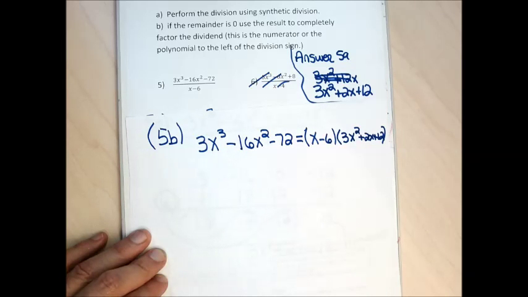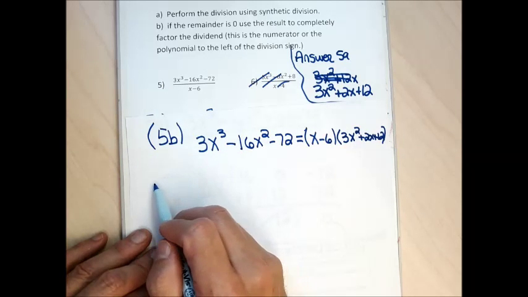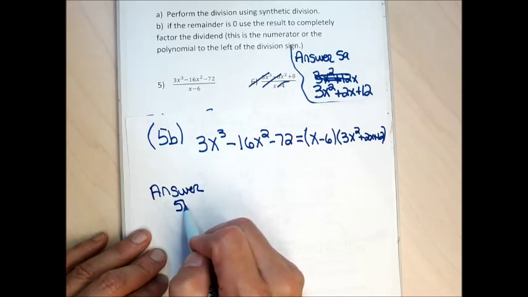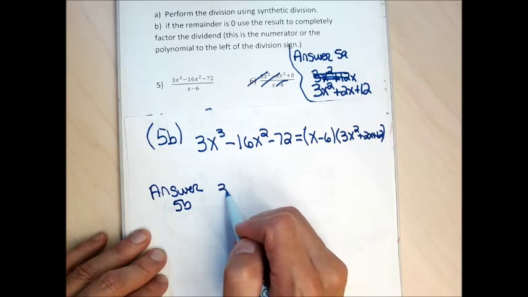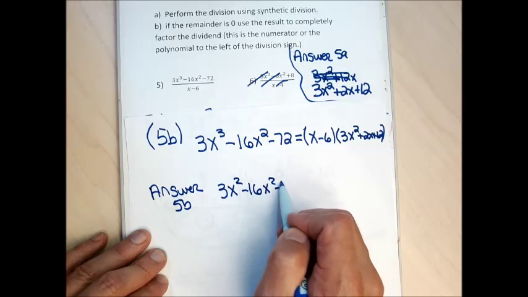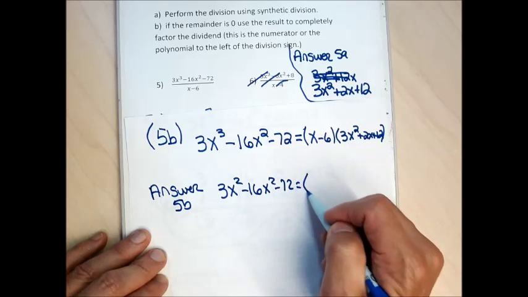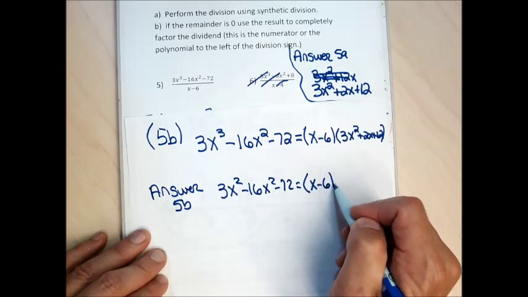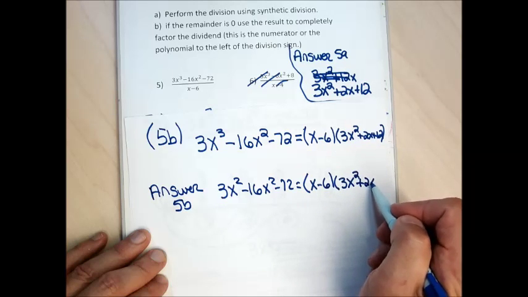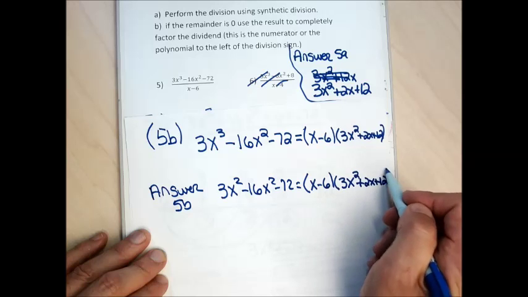This is likely my answer for part 5b. So likely my answer, because that's not that readable, for 5b is the numerator 3x cubed minus 16x squared minus 72 equals x minus 6 times 3x squared plus 2x plus 12.